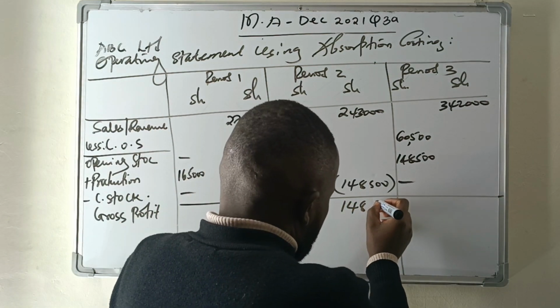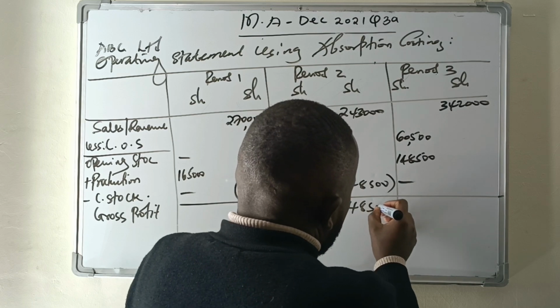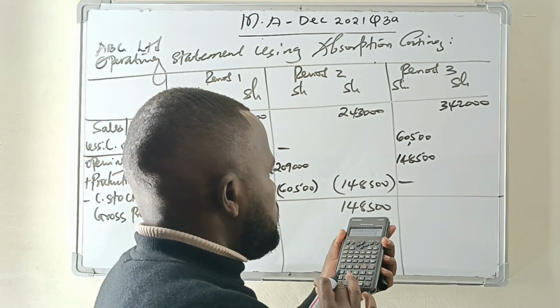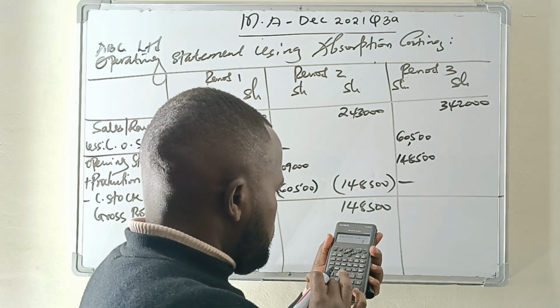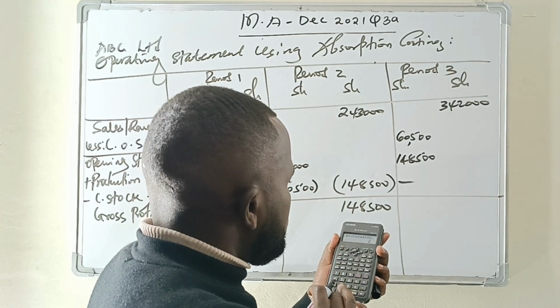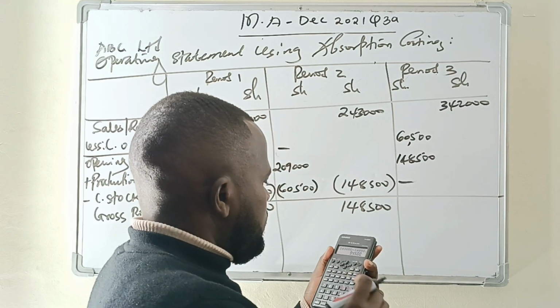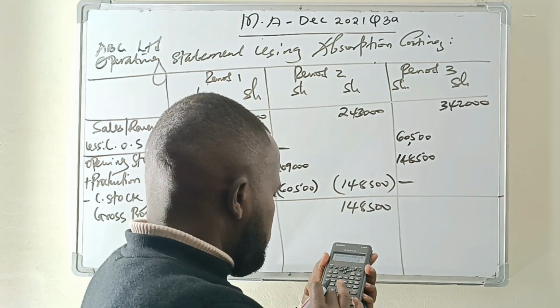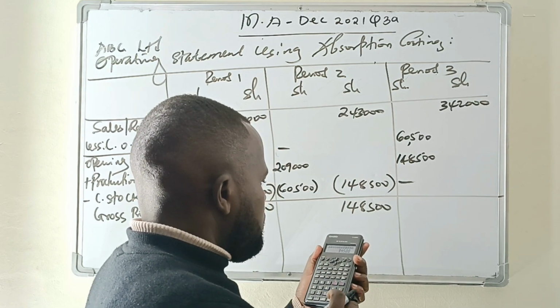Is it true really? 243,000 less 148,500, I'm getting 94,500.